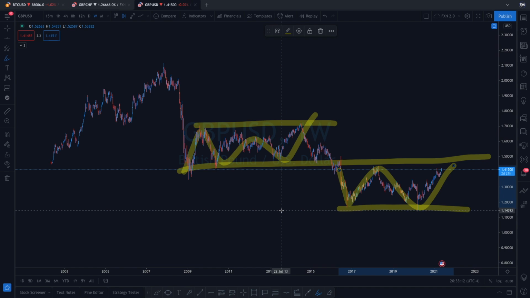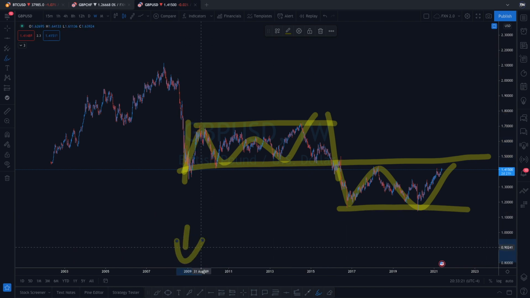Now, to put this into perspective, this one level here, from here to here, is from 2009 to January 2016. That's damn near 7 years, right? So this may look small, but this is 7 years of work.